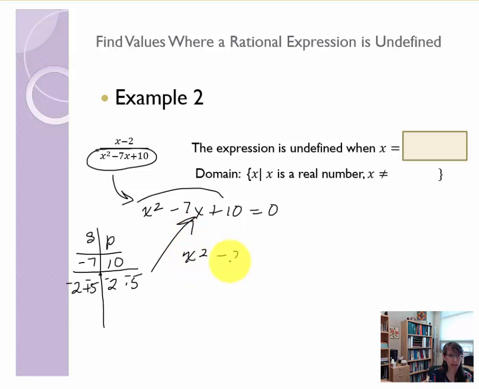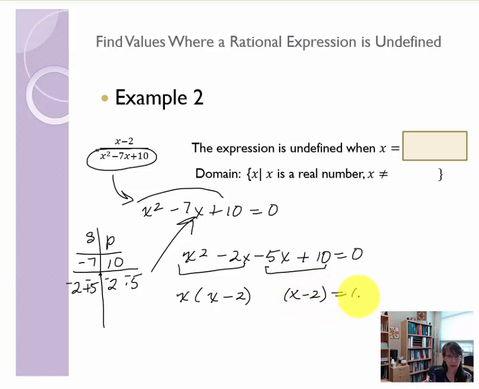x squared minus 2x minus 5x plus 10 equals 0. We have our 4 terms. We're ready for grouping. It looks like x is in common. That leaves x minus 2 for that other factor. That means x minus 2 needs to be the factor for the second group.